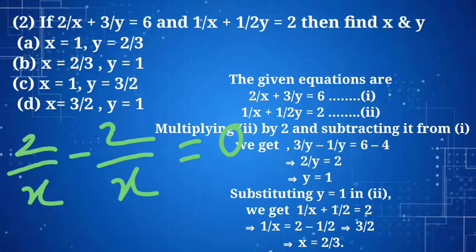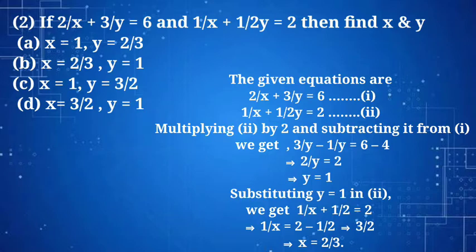So 2 by x minus 2 by x becomes 0. The next term is 3 by y minus 1 by y is equal to 6 minus 4. That's equal to 2 by y equal to 2, which implies y equal to 1.